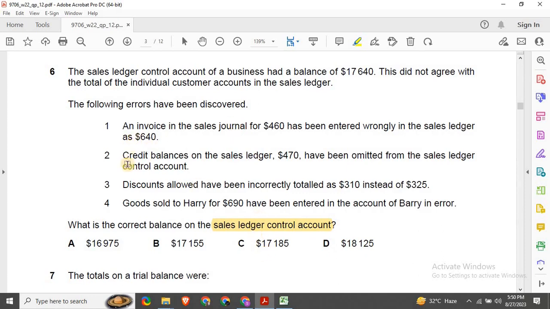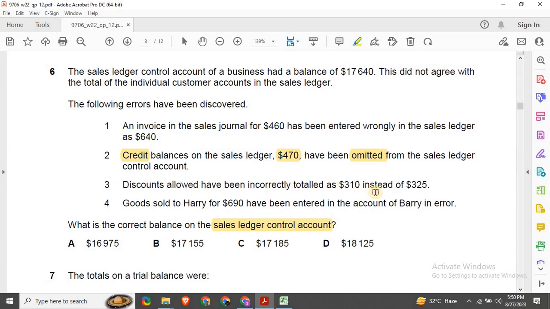Number 2, there is a credit balance in the sales ledger which has been omitted. So you did not write it down. It is a credit balance on the credit side. So the sales ledger balance will decrease by 470 if we correct this entry. Then next, discount allowed has been incorrectly totaled.